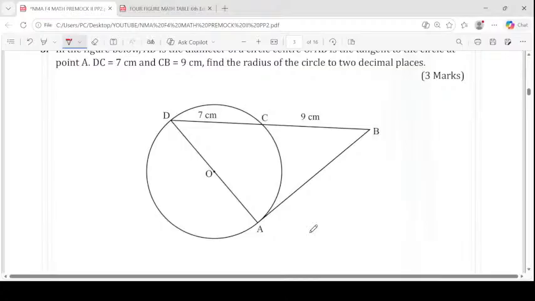I can say AB squared is equal to BD multiplied by BC.